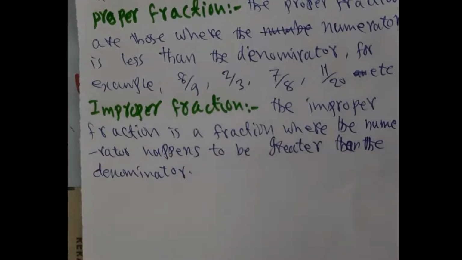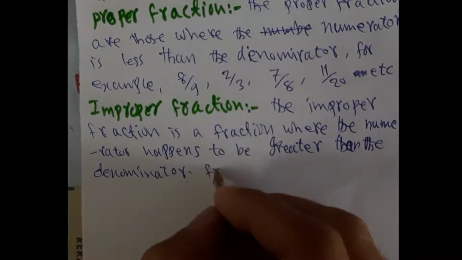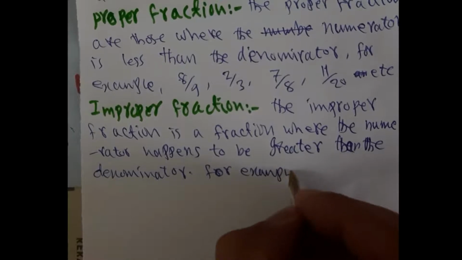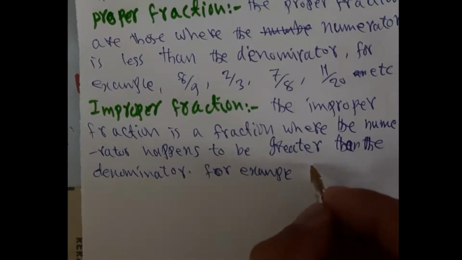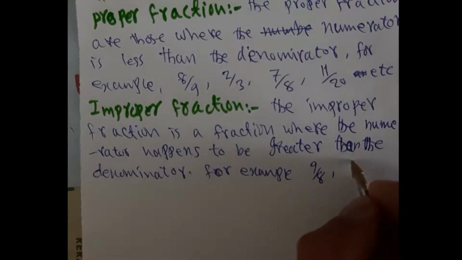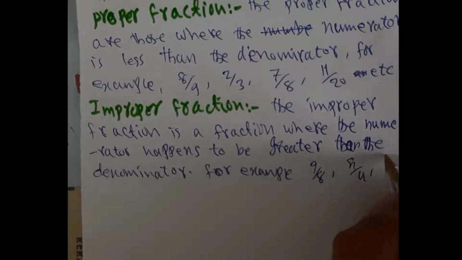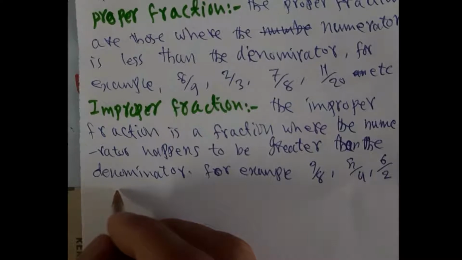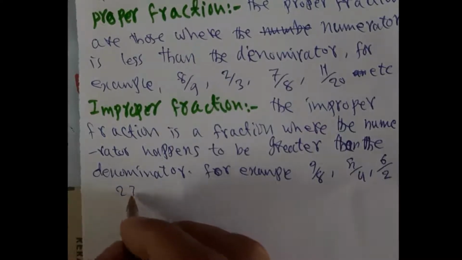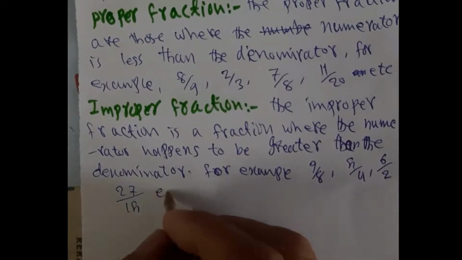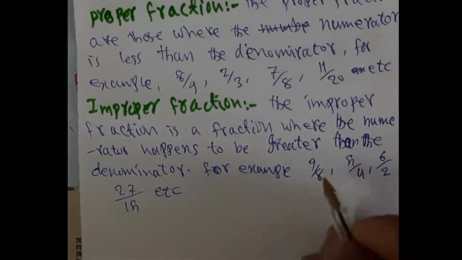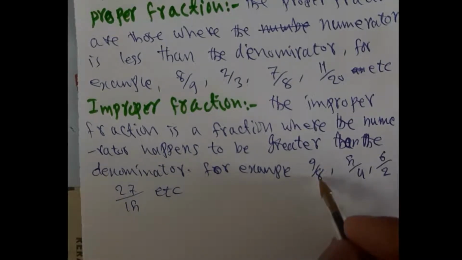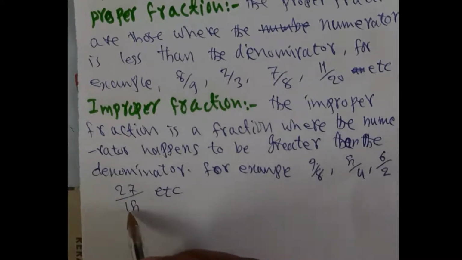It is the definition of improper fraction. For example, 9/8, 5/4, 6/2, 27/15, etc. They are improper fractions because the numerator is greater than the denominator. 9 is greater than 8, 5 greater than 4, 6 greater than 2, 27 greater than 15, and etc.